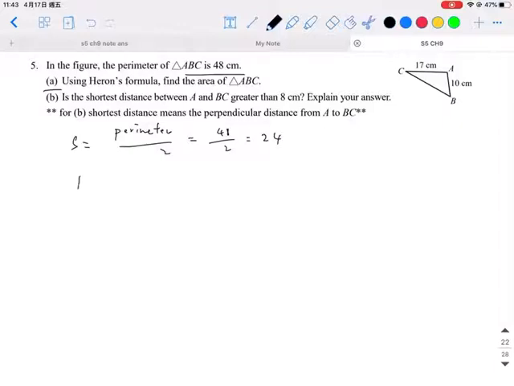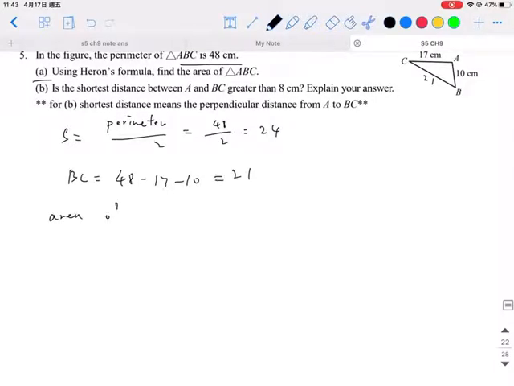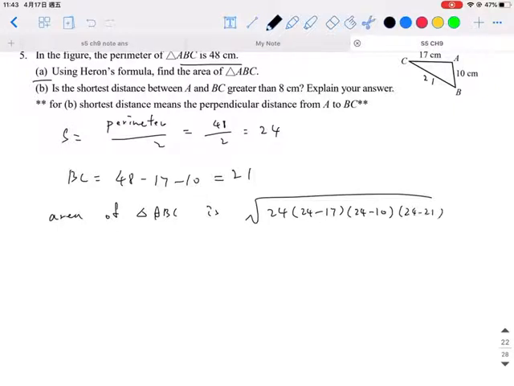And secondly, BC is equal to 48 minus 17 minus 10, which is equal to 21. So we can apply Heron's formula: the area of triangle ABC is the square root of 24 times 24 minus 17, and so on. And you will get the answer, which is equal to 84 cm square.